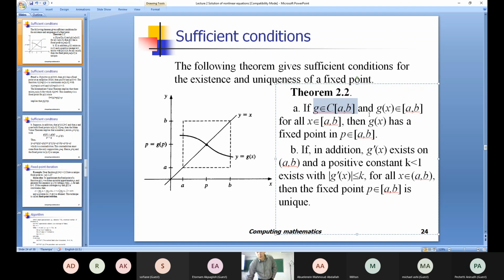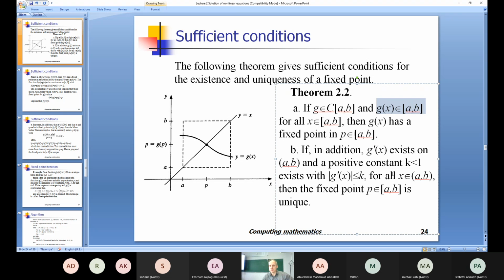And also suppose that the values of the function g of x are between a and b for all x between a and b. Then g of x has a fixed point in some point p between a and b.